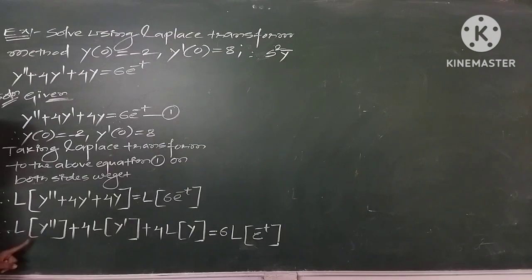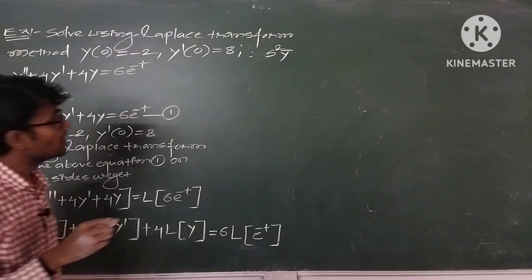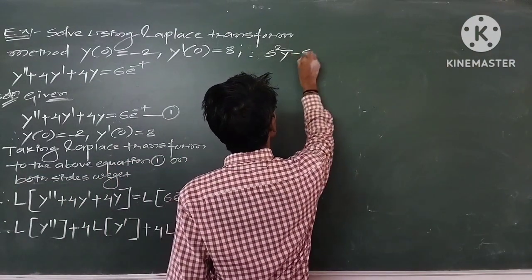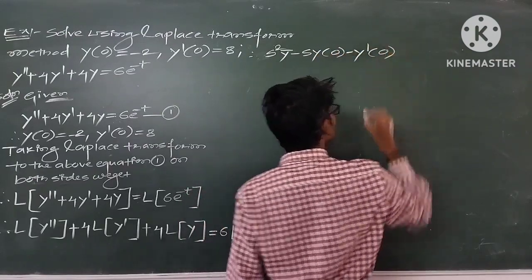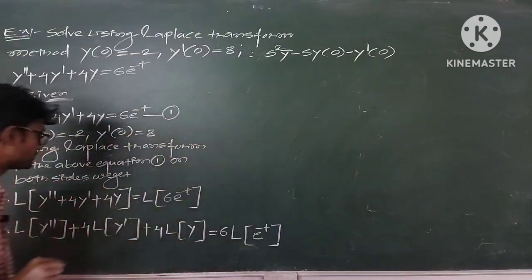So Laplace transform of y double dash is equal to s square y bar minus s y of 0 minus y dash of 0.